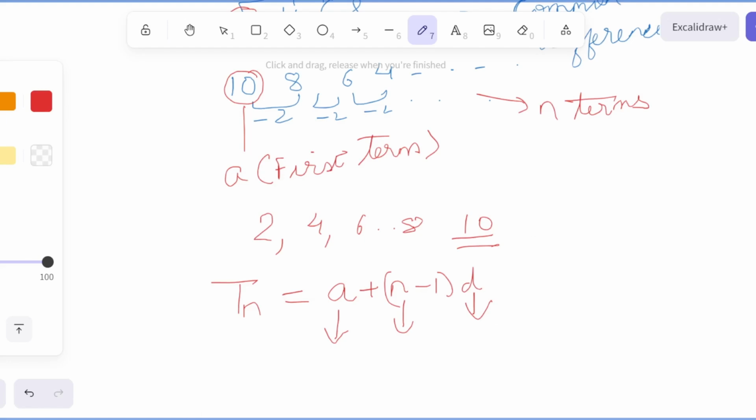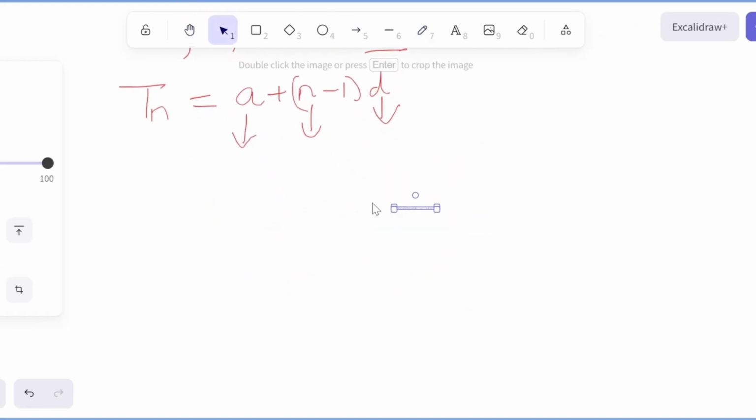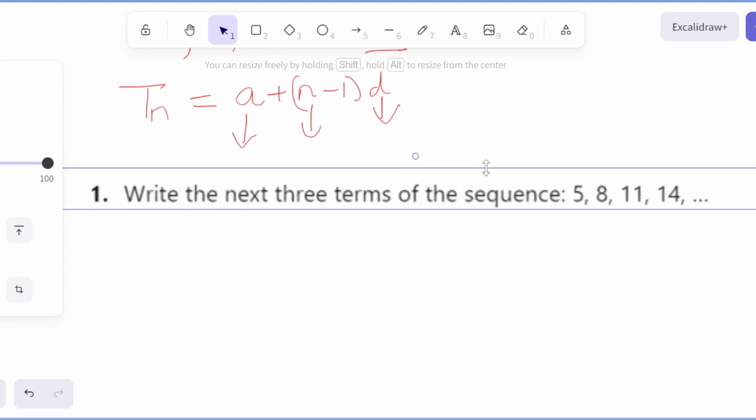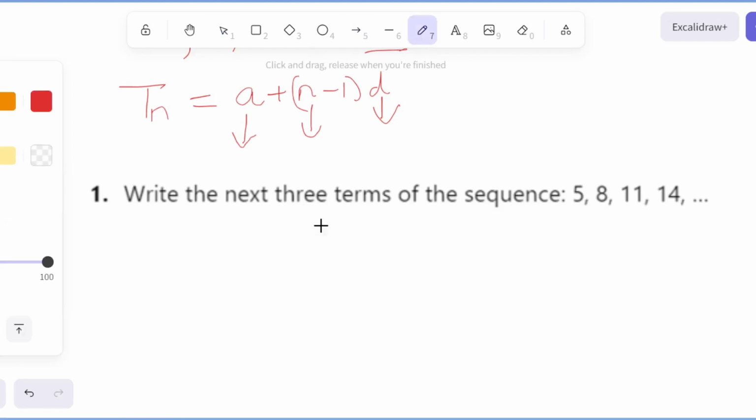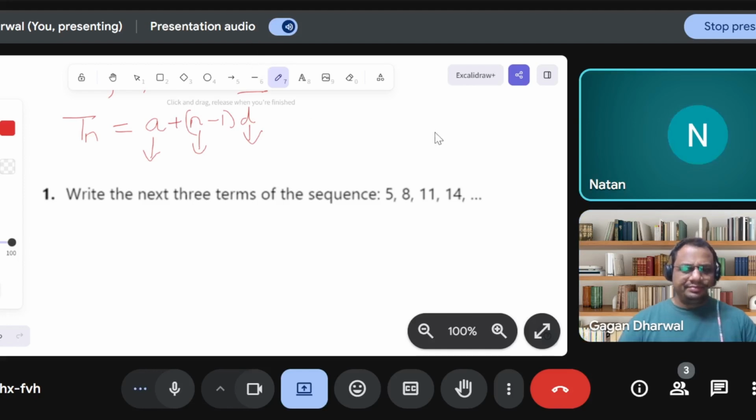Let me take one example. Write the next three terms of the sequence. Can you tell me, Nathan, what will be the next three terms of the sequence? 5, 8, 11, 14.